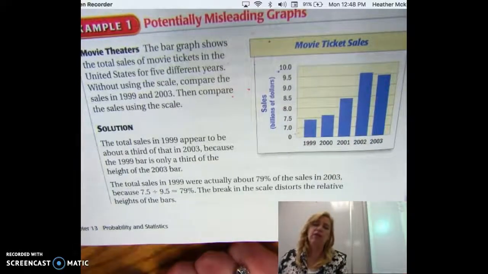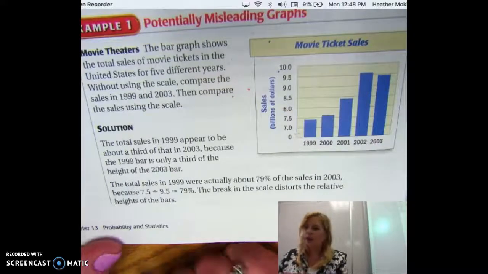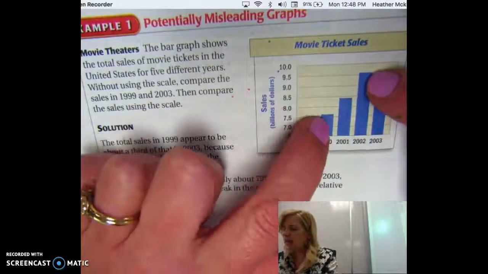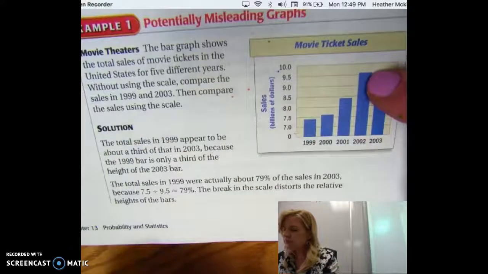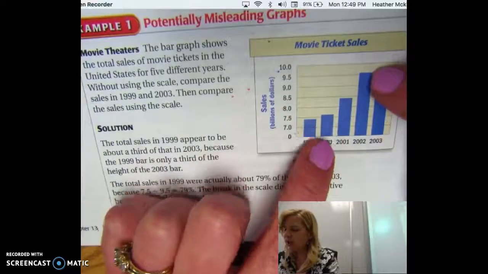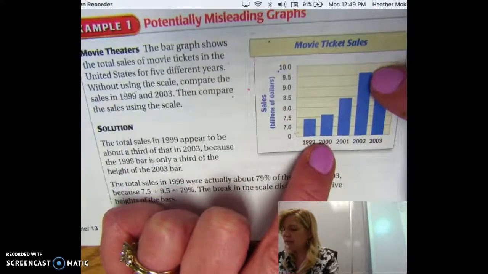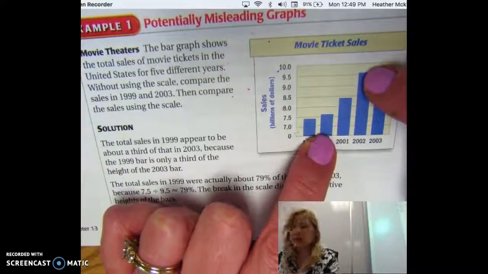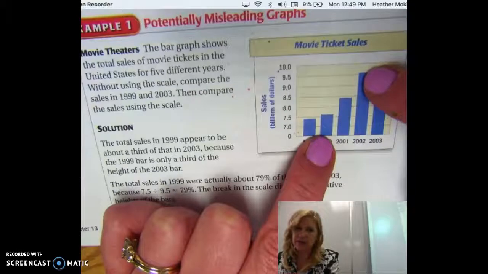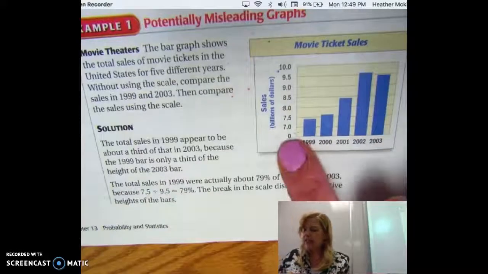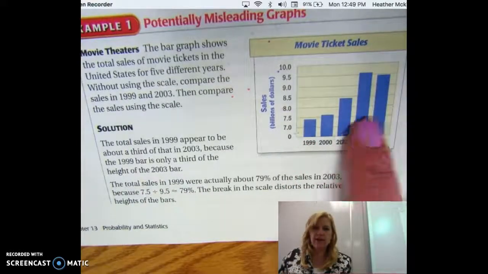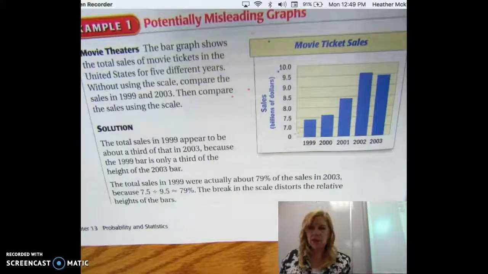That's only $2 really. But when you look at the size of these, it looks bigger. It almost looks like 2.5 of these would fit into this, but it's only a difference of a couple of dollars. So this scale makes the effect of the movie prices look much more dramatic.